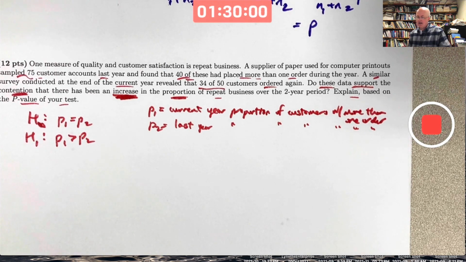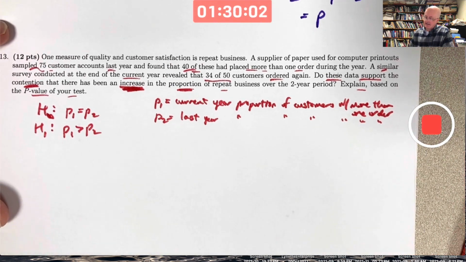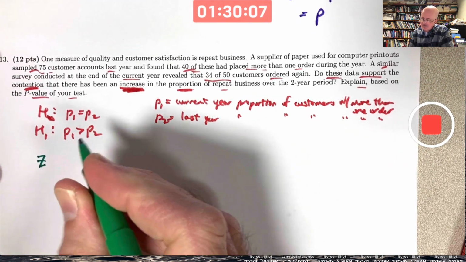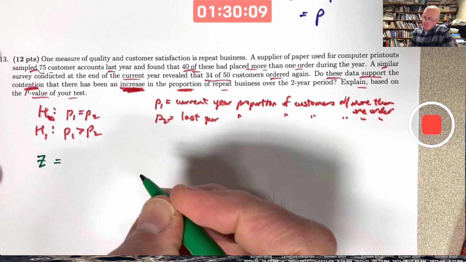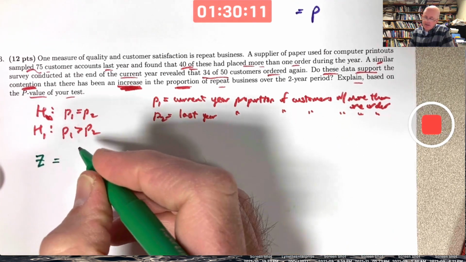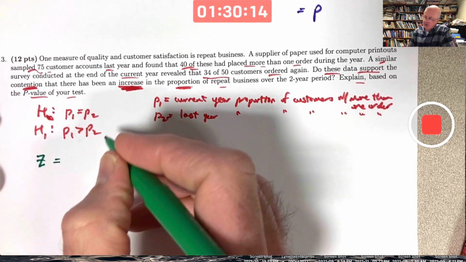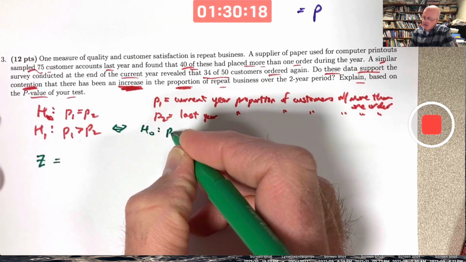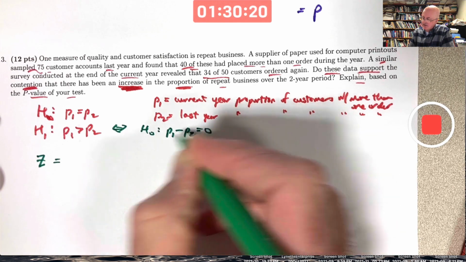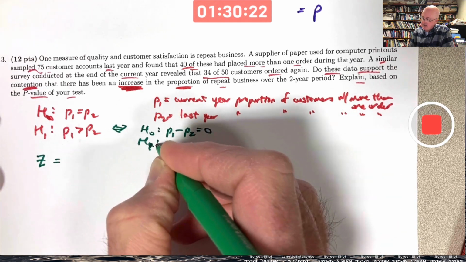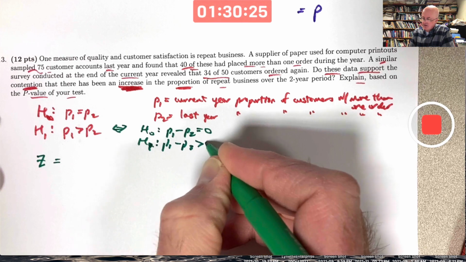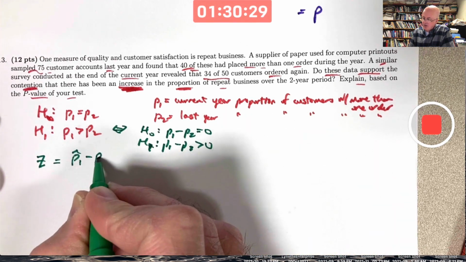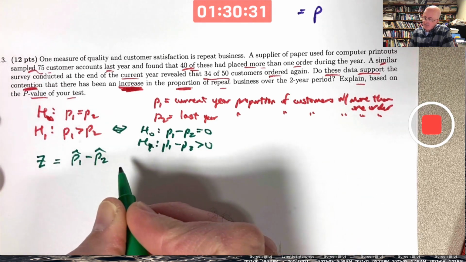All right, let's just jump to the test statistic. With proportions, it's Z, not T. We take the difference of the sample proportions. It's really equivalent to thinking about these hypotheses in terms of differences, the null being that P1 minus P2 equals 0, and the alternative being that P1 minus P2 is greater than 0. So you look at the difference in these sample proportions, P1 hat minus P2 hat.